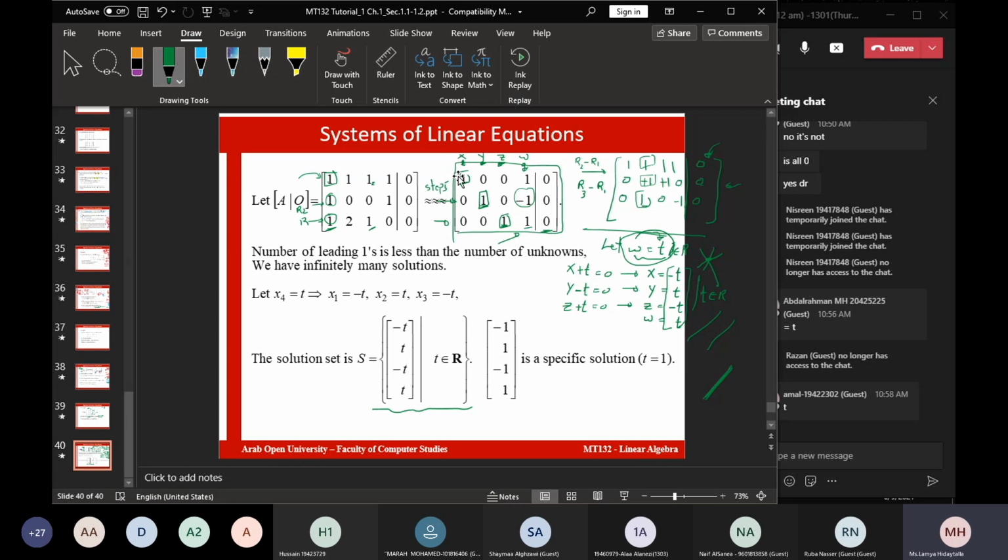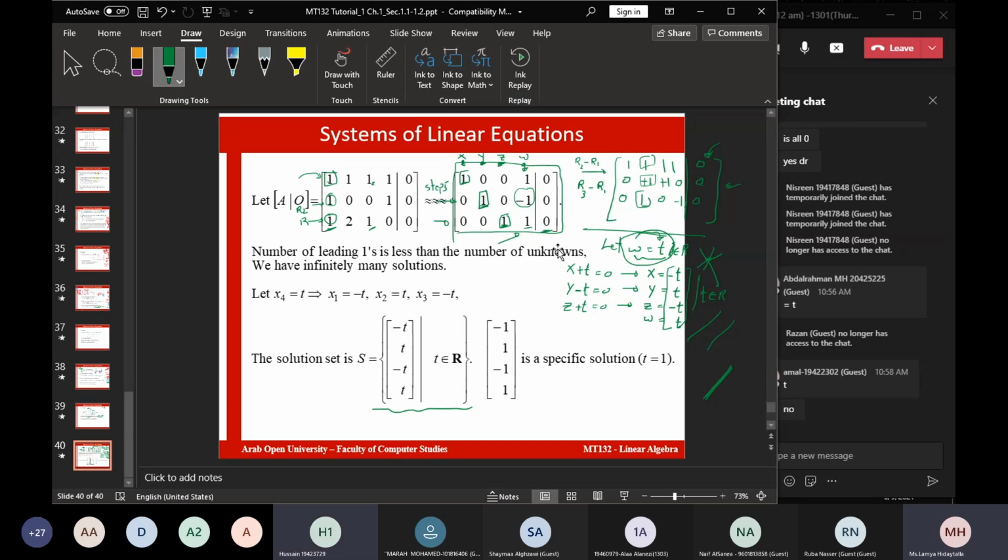Yes, this is the leading one. This one, this one, Z, this one. Here, do we have a leading one? Tell me. Is there a leading one in the W column? Is there or not? There isn't. How is there? The leading one is the first non-zero number, and the first non-zero number must be 1. This is our basic condition, right?